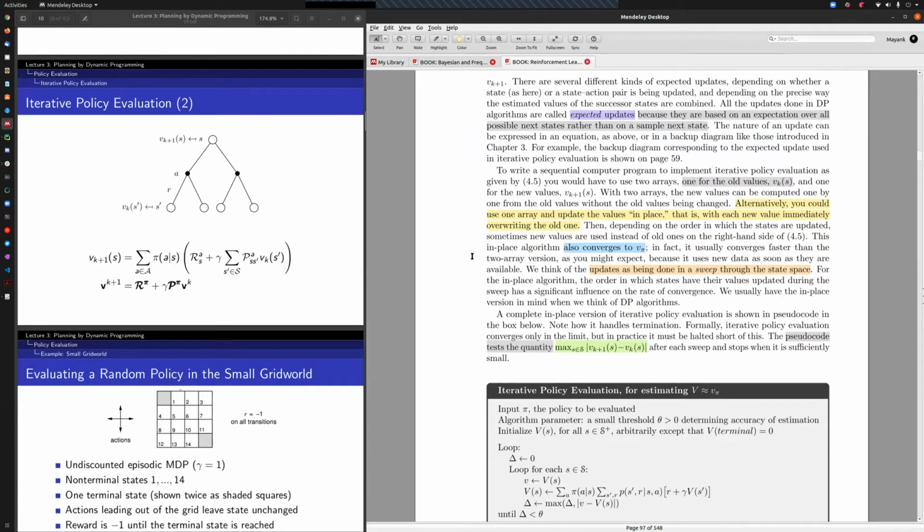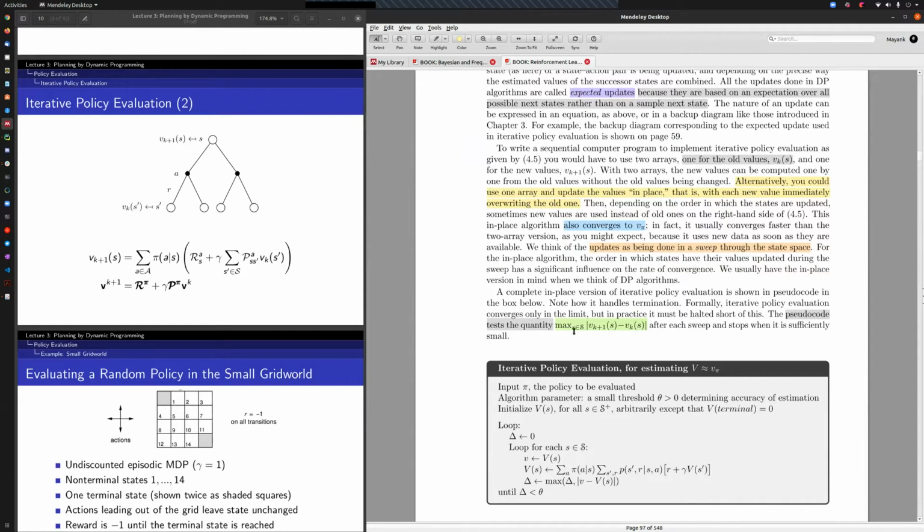This paragraph defines the implementational approach of how we try to implement it, and that depends upon the order in which the states are swept.